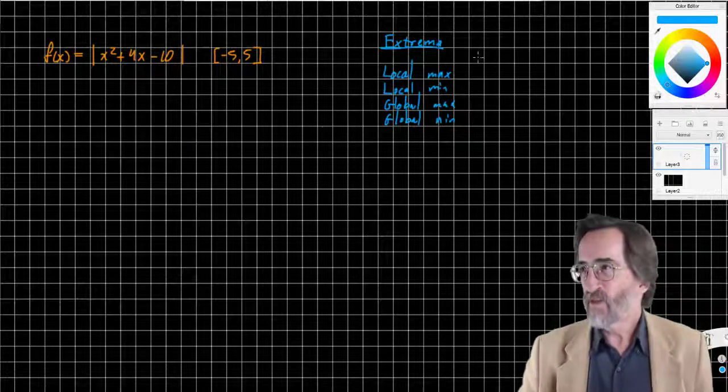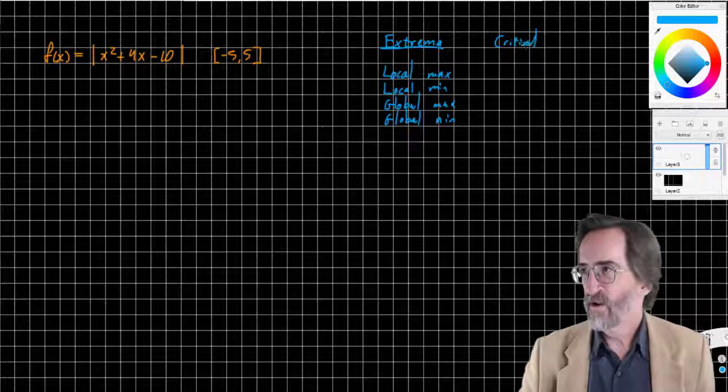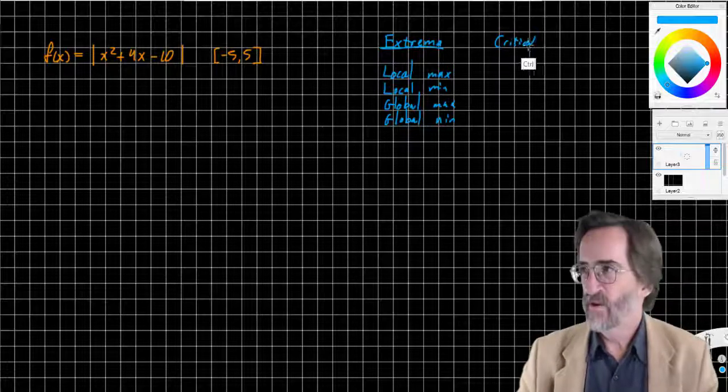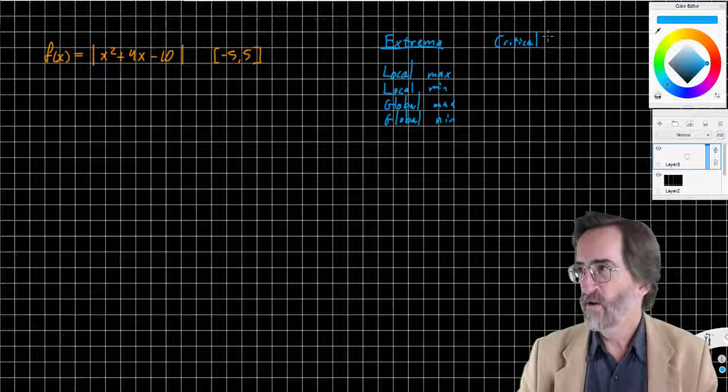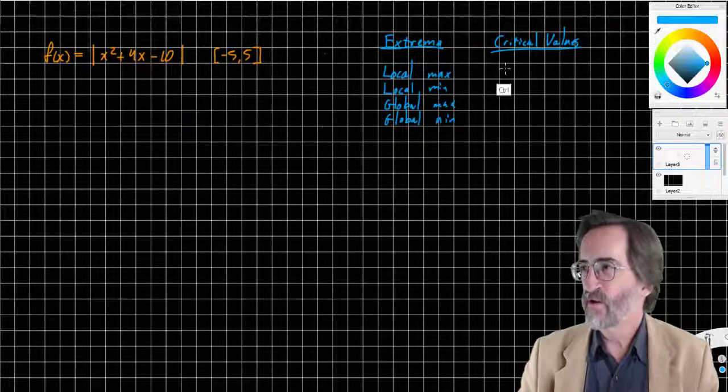And this all comes down to finding something called critical values. Those come in two flavors. They come when the derivative is 0, because at such a point the instantaneous slope is 0.